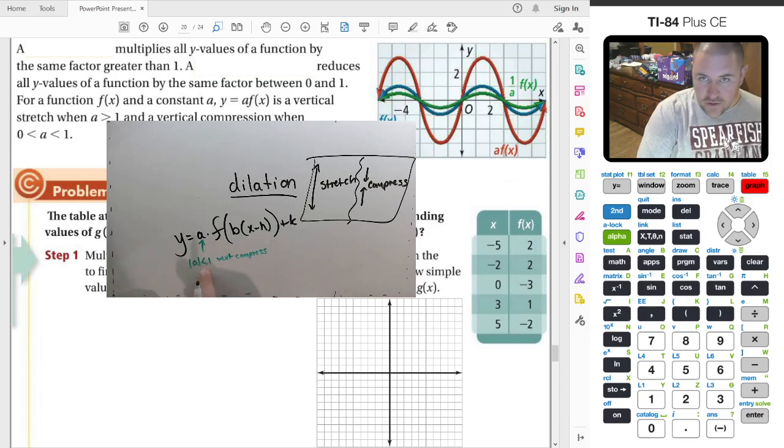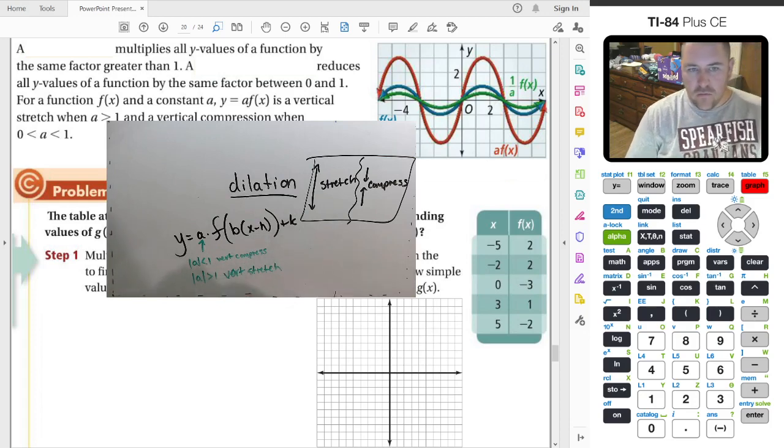So values less than 1, like a third or 5/8. If that absolute value is greater than 1, like 6, or how about 8/5, that's a vertical stretch. Okay, so those are vertical stretches and compressions.